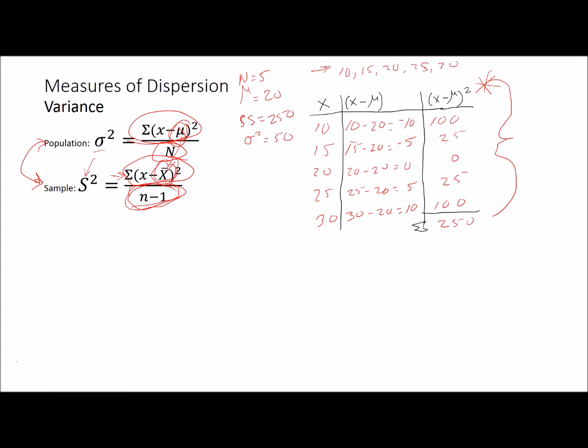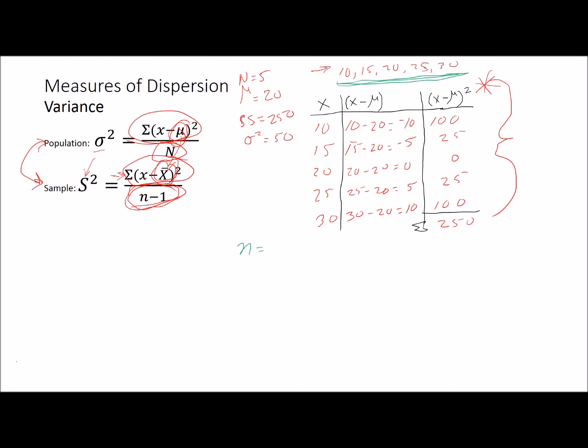Nothing changes. What does change, I'm going to change the ink color. Let's make it green this time to indicate our sample. So let's say now we're doing a sample. We're still working with this data here. This is still the data we're working with. We have an n of 5.